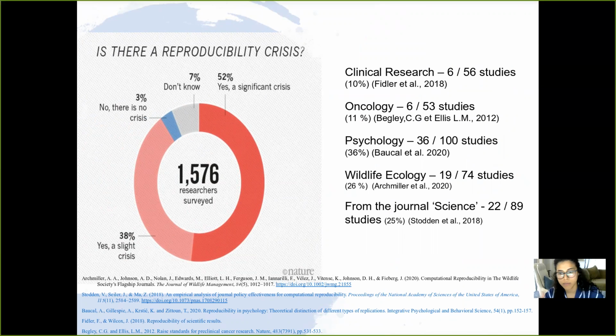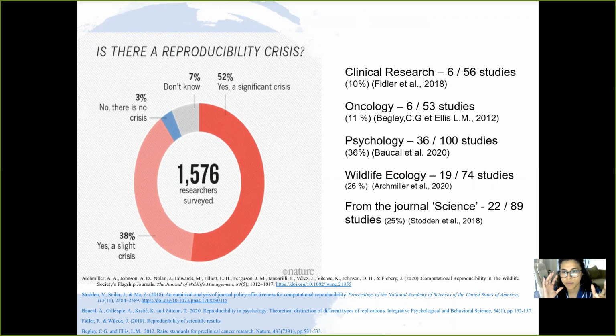At the same time, there was empirical research that showed that there are actual problems within each field of science. For example, in clinical research, only 10% of studies are reproduced, oncology 11%, psychology 36%, and wildlife ecology, which is very recent from last year, is only 26%.